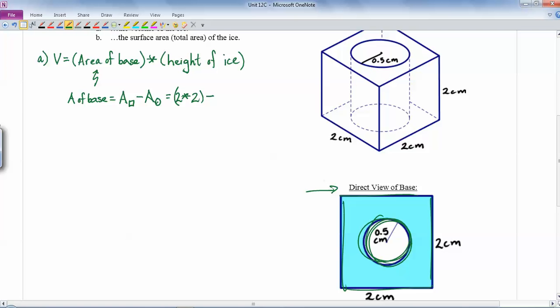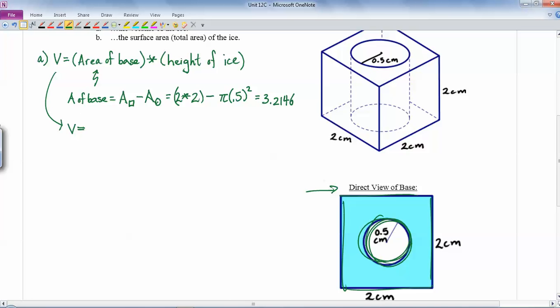And then we're going to subtract pi r squared, pi times 0.5 squared. And so then, if you work that out on a calculator, you get 3.2146.